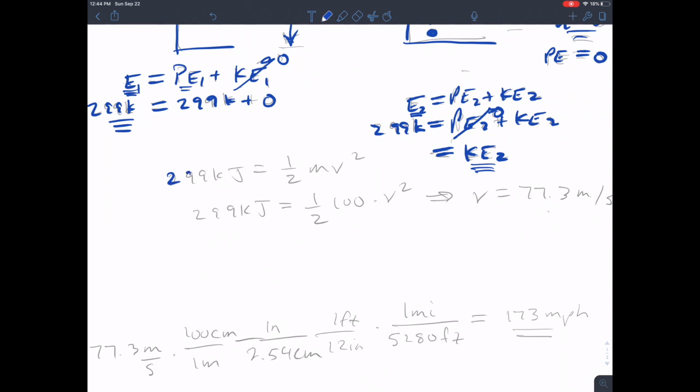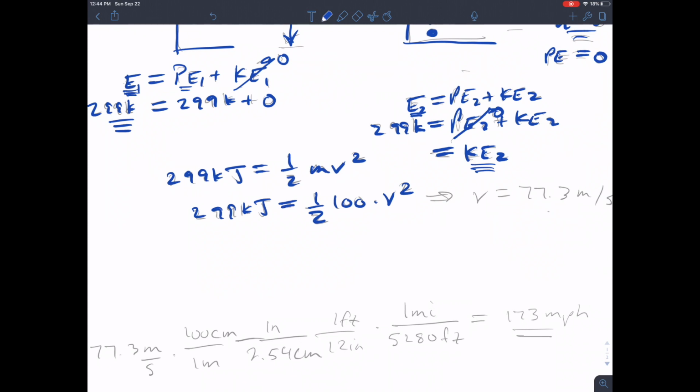All right, so from there, it's just a matter of solving for the velocity. Okay, so I know the kinetic energy equation is 1/2 mv squared, so I plug in the things I need. This is already in joules. This is in kilograms.